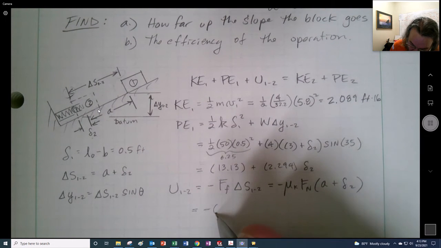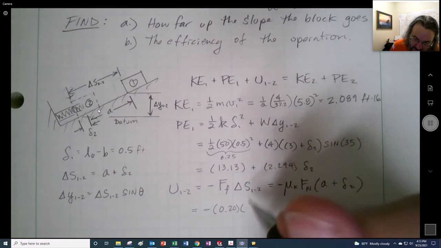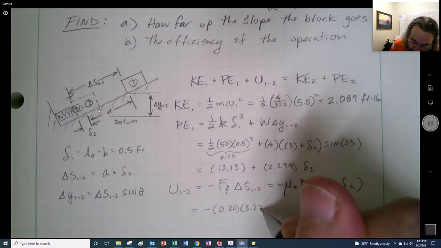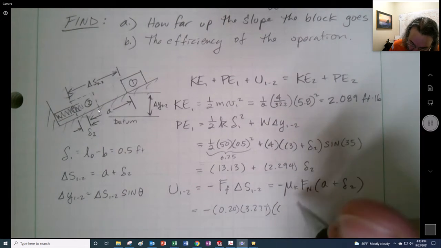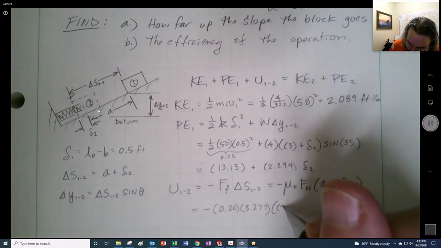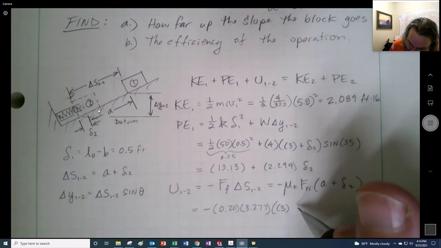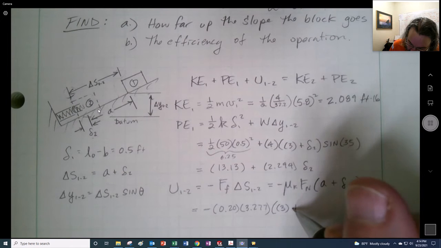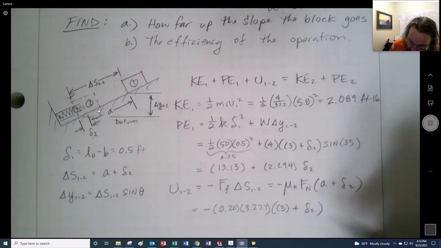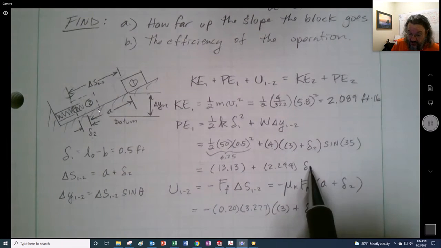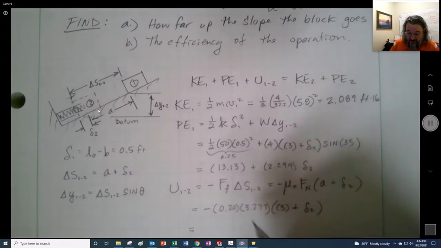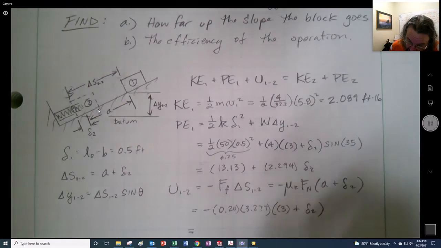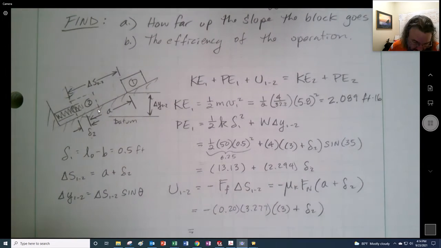So negative 0.2 times the 3.277 times our, what did we say A was, 3 feet, plus del 2, which we don't know. Right? So there was del 2 we don't know, and there's still del 2 we don't know. I said this was a complicated problem. Did I leave anything out? I don't think so.